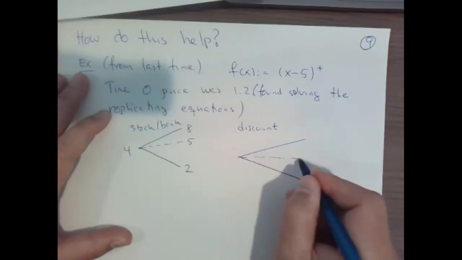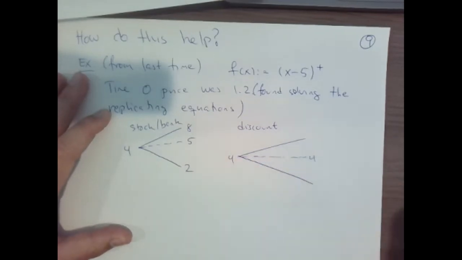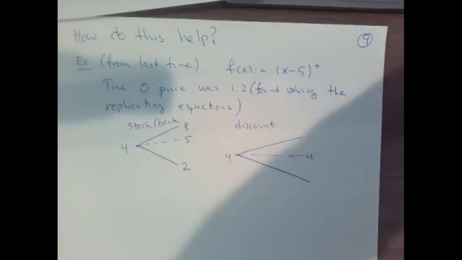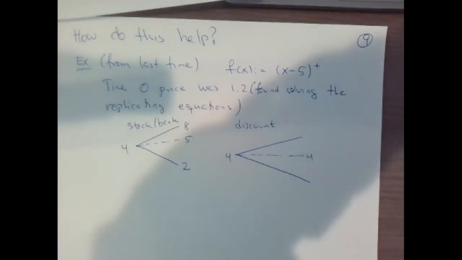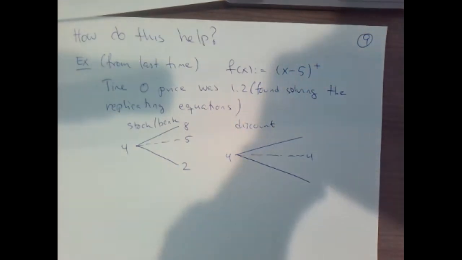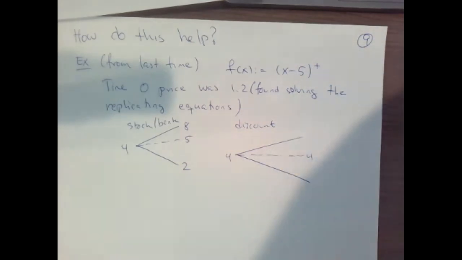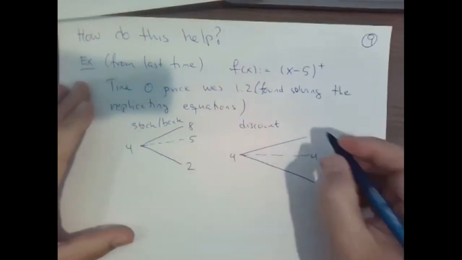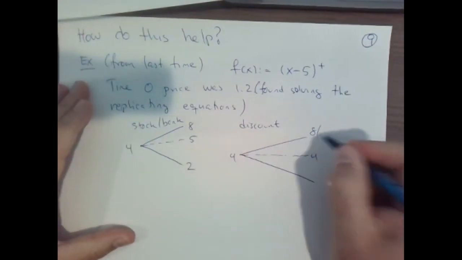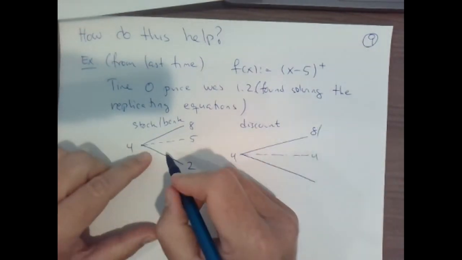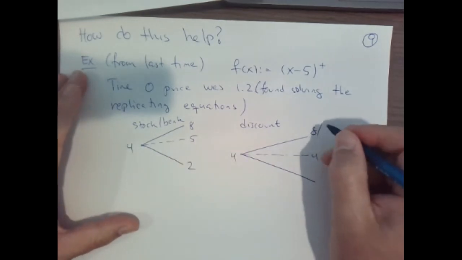And now the dotted line is going to be from 4 to 4. So we have to divide 8 by 1.25.